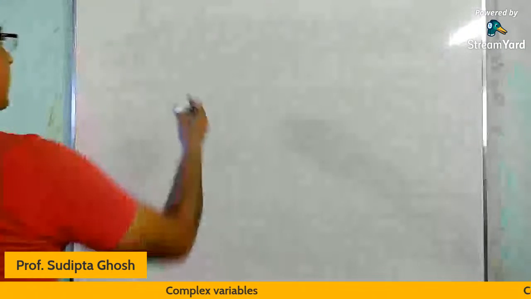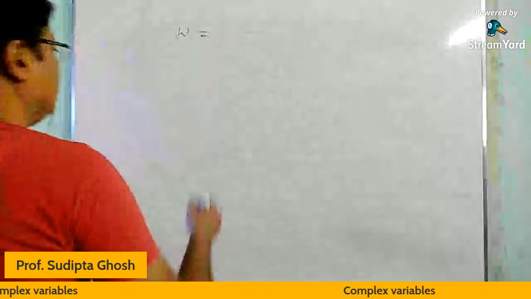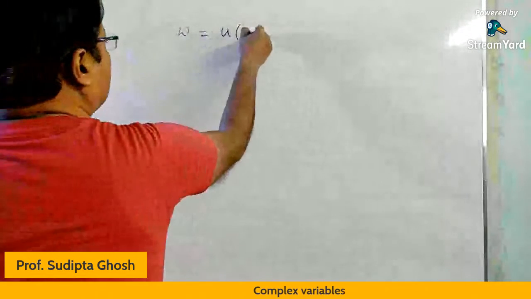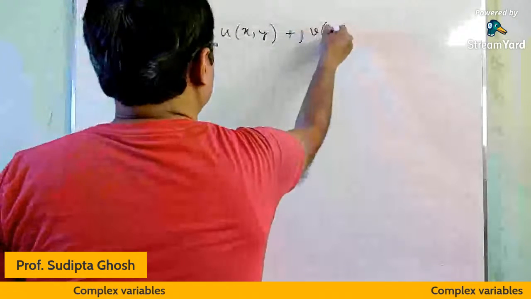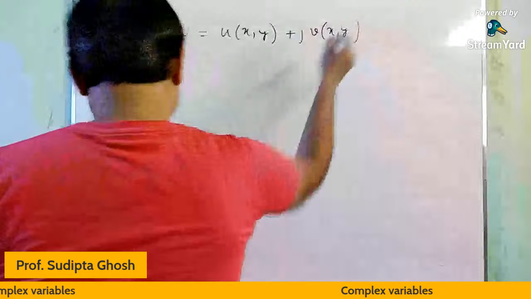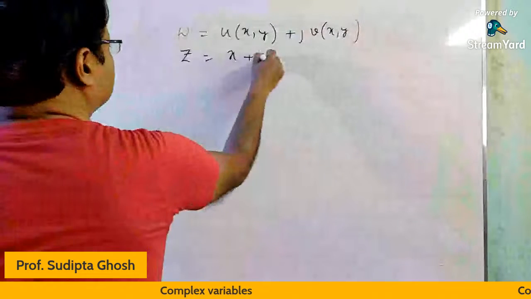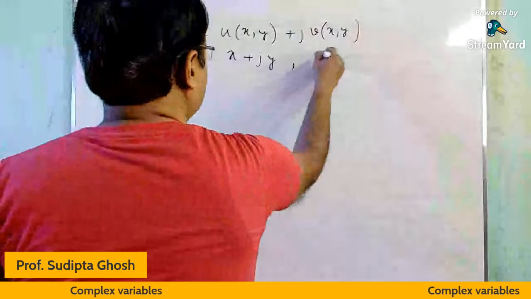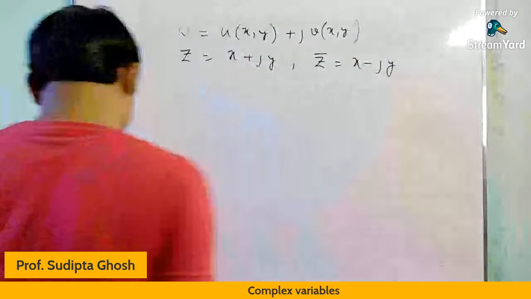Again, to prove this, let us consider W as u(x,y) plus j v(x,y). z equals, as we know, x plus jy, then z prime will be x minus jy.